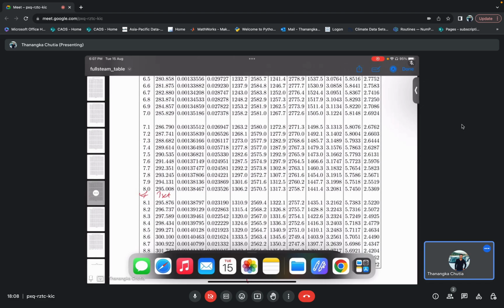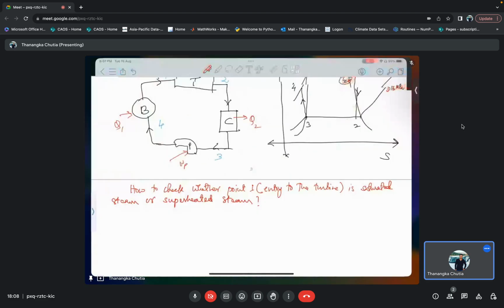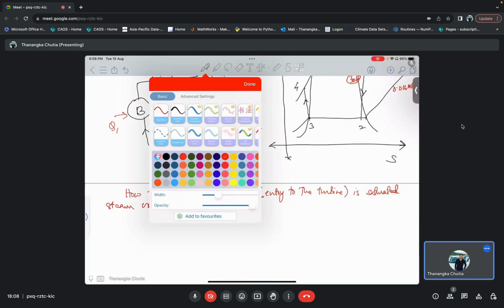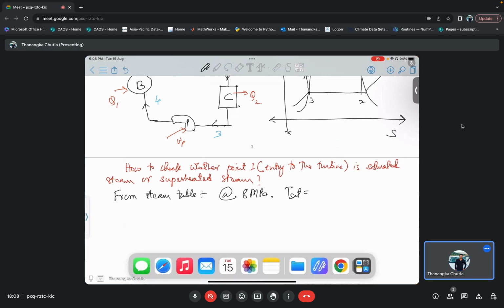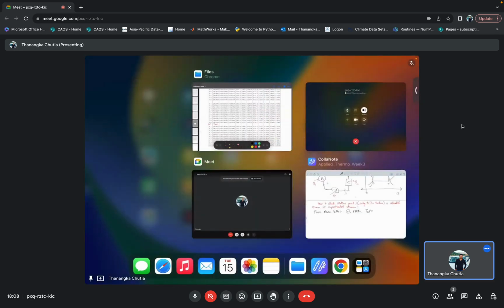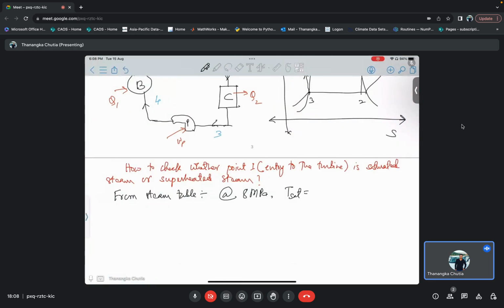So from steam table at 8 megapascal T saturation is equal to 295 degrees Celsius.